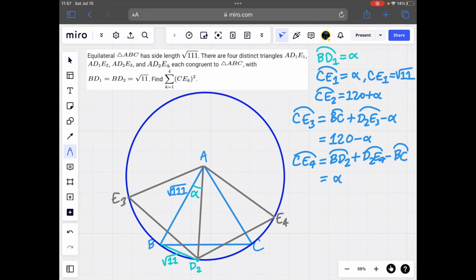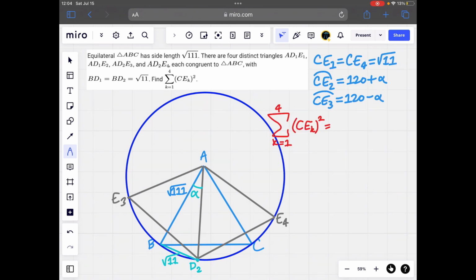And the first one is alpha, the second one is plus 60, and the third is minus 60. Because both AD2E4 and ABC are equilateral triangles. They're congruent. So arc CE4 is just equal to alpha, and we know that CE4 equals root 11. So we know at this point that CE1 equals CE4 equals root 11, and arcs CE2 and CE3 are 120 plus alpha and 120 minus alpha respectively.